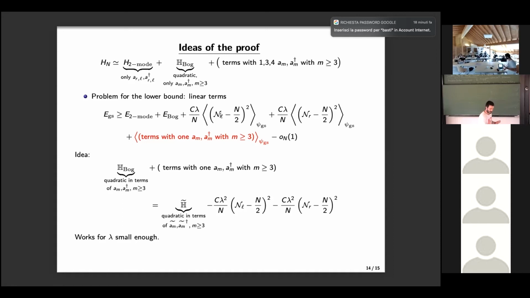And I showed you that from the two-mode Hamiltonian, one could actually get the variances that we want. And so if this thing in red was not here, then we could take this together with the upper bound and get everything: the energy expansion and the fact that the variance is much smaller than n. Or maybe if you want, that this variance divided by n is much smaller than 1, because it would be controlled by only this remainder.